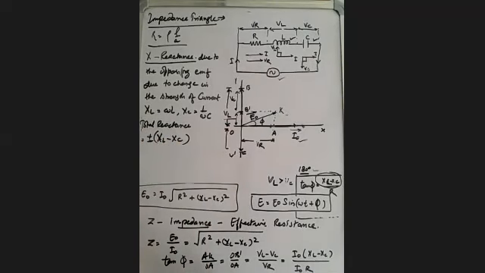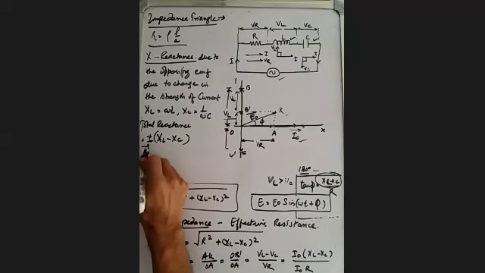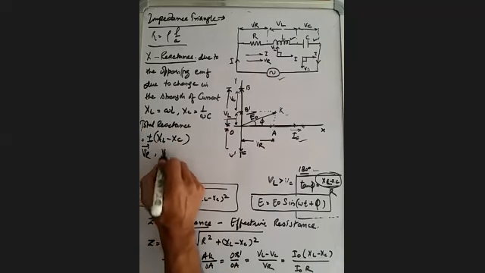So from the three phasors VR, VL and VC, we can get the impedance triangle. How can we draw the impedance triangle?